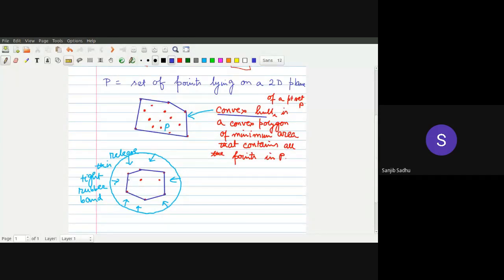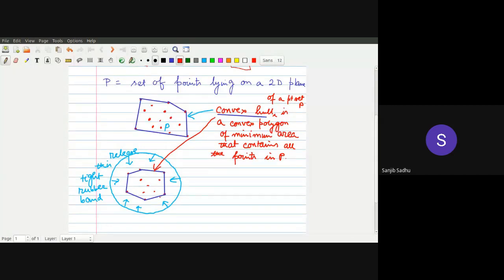So this is called the convex hull for these points.